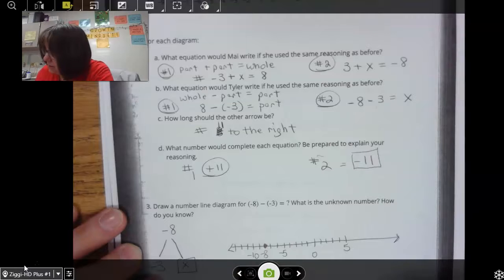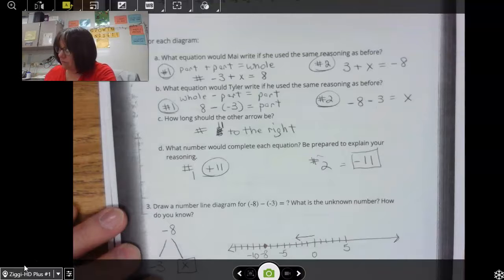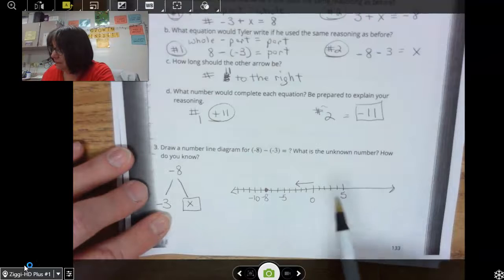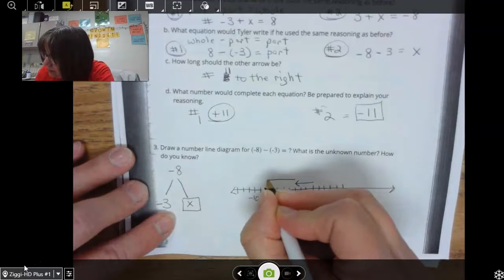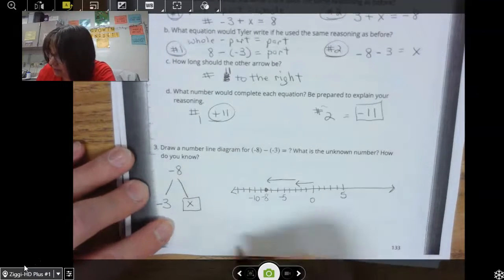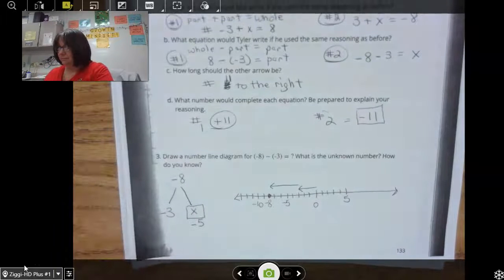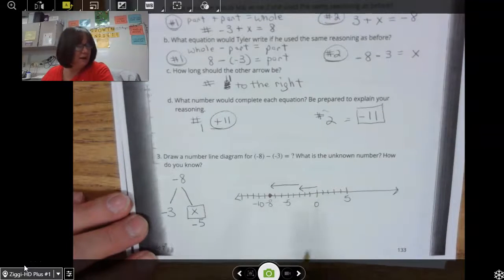One of my parts is -3. So I'm going to the left 3. Now, what's missing? Well, to get there, I'm going to go to the left again 5 spaces, so this would be a -5. So negative 8 minus a negative 3 is a negative 5.